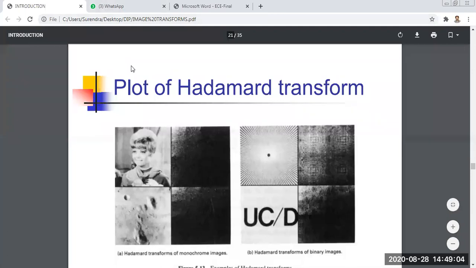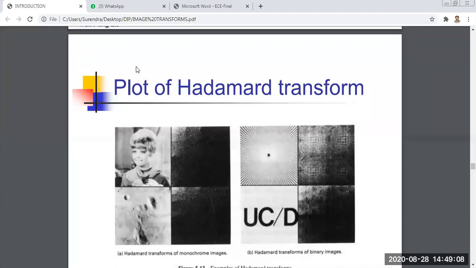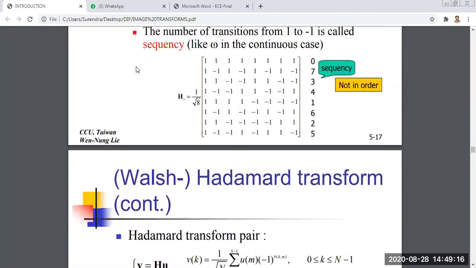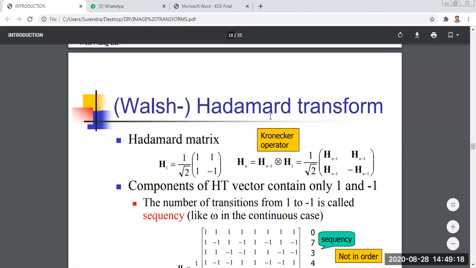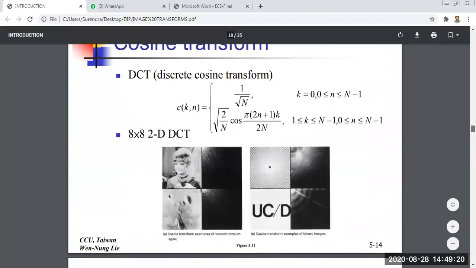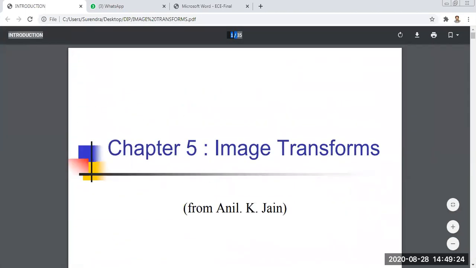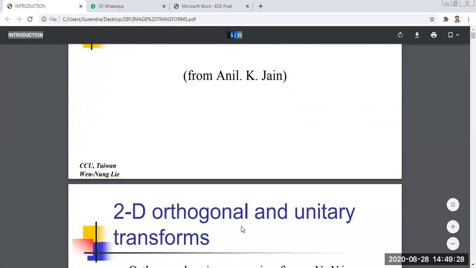So I will share this document through WhatsApp, and go through it. There are some other problems also there. It is from Anil K Jain, the textbook.